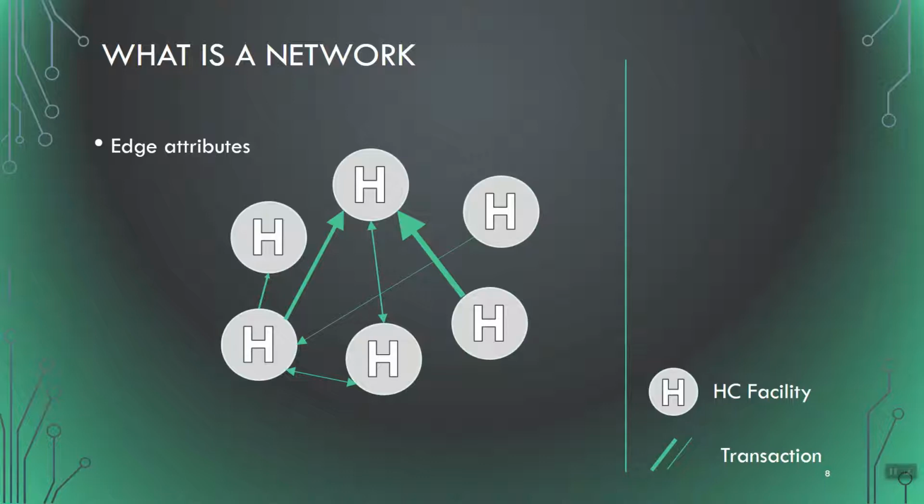Yeah. For example, within that transaction that we have the data, let's say per 30 days, how many of those patients had catheters that were transferred from A to B? So those are characteristics of that specific edge.